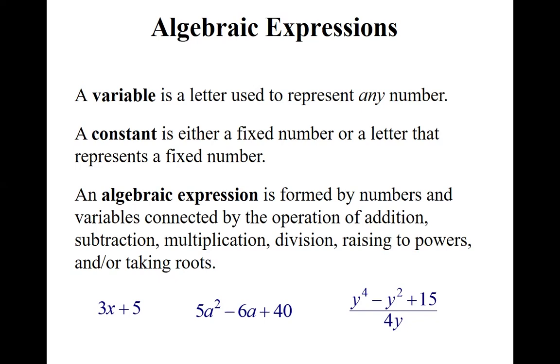So anytime we join numbers and variables and we add them, subtract them, multiply them, divide them, raise them to powers, or take roots, we're making algebraic expressions. And right now, these algebraic expressions contain variables.